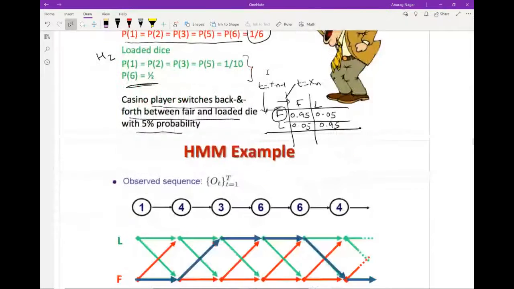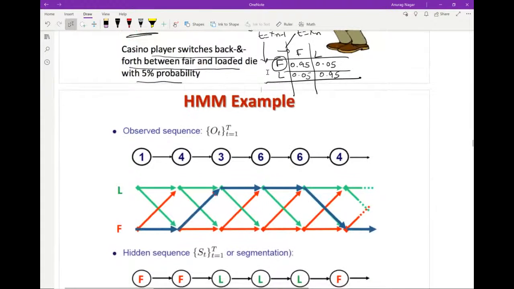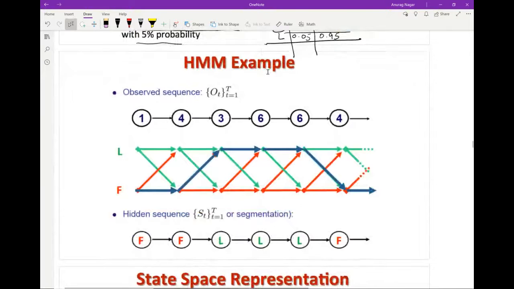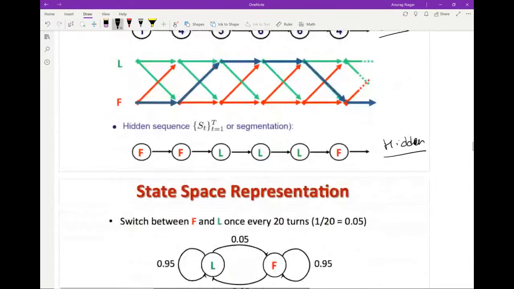Now, suppose this is observable, this is hidden, this is my hypothesis of hidden. So how likely is this whole thing?